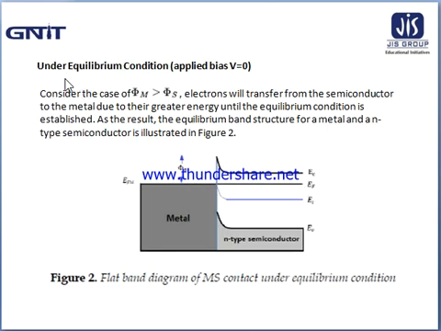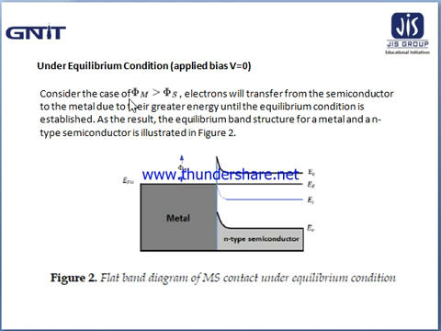Now the condition is under equilibrium, that is when the applied bias voltage V equals 0. First consider the case where phi m is greater than phi s, that is, the work function of the metal is greater than the work function of the semiconductor. Here electrons will transfer from the semiconductor to the metal, and it continues till the equilibrium condition is established.